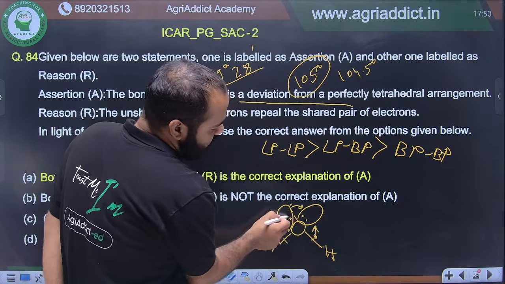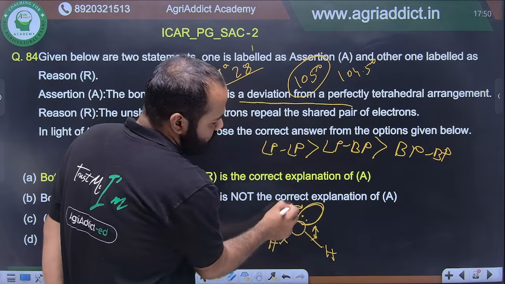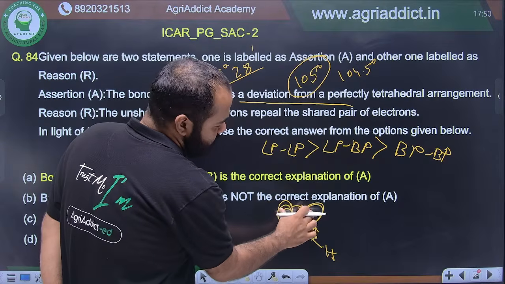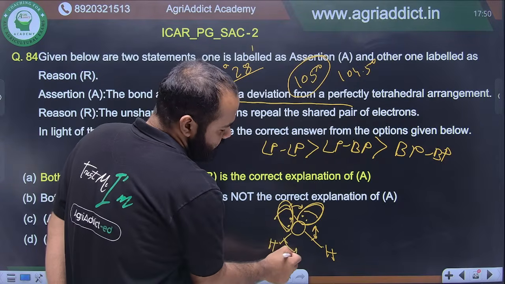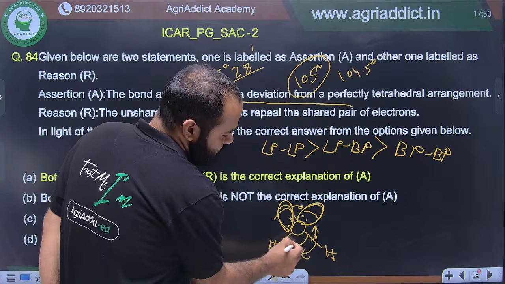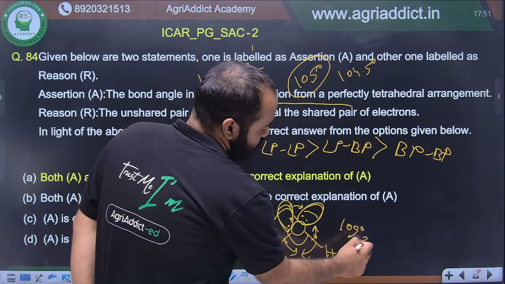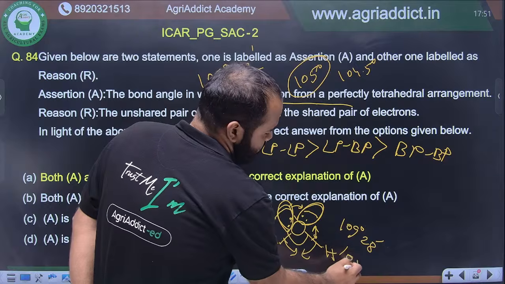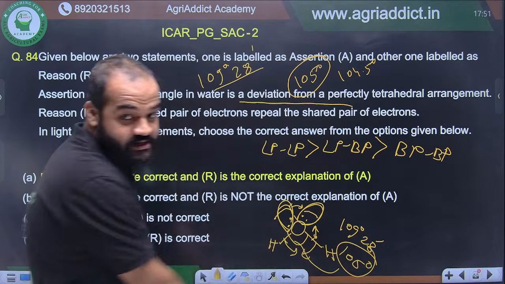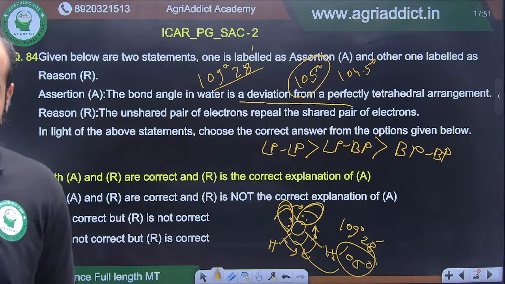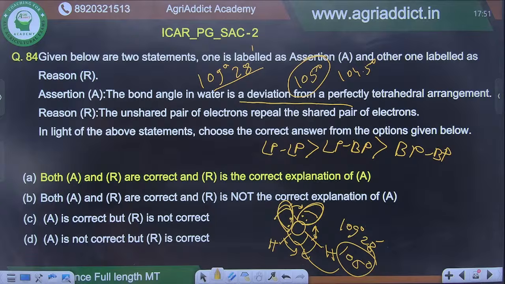So for this reason of repulsion of these two lone pairs of electrons, ये दोनों साइड में हटे जाते हैं and that's the reason these two come close. तो इसका जो actual structure होना चाहिए था 109.28, that reduces to 105. All right, is that clear? Is that clear, or do you need any more explanation?